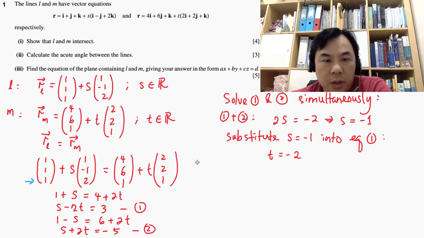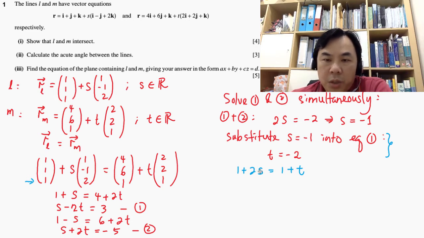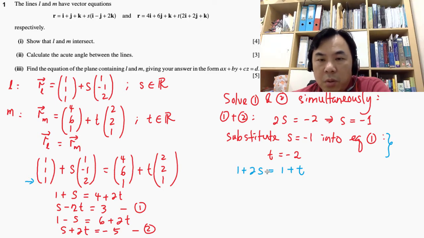For the last row, we have 1 plus 2s is equal to 1 plus t. You can substitute the values we have found for s and t, or you can simplify it before you substitute. In this case, we can see that both 1s can be reduced, so here we get t equal to 2s.